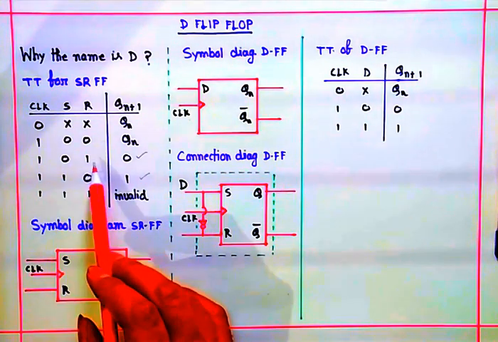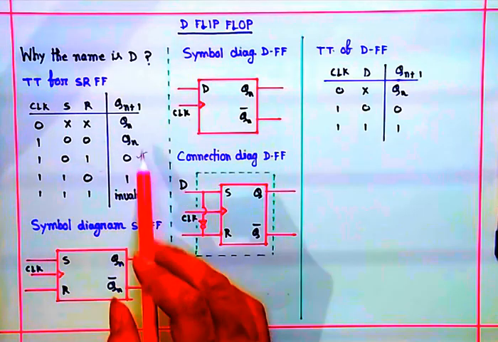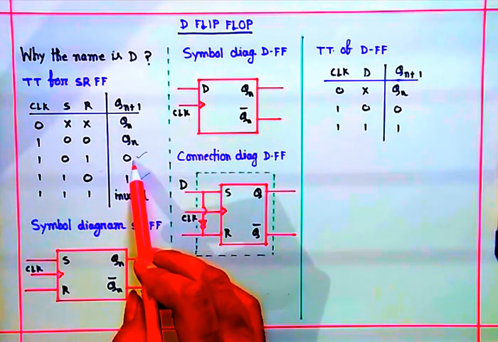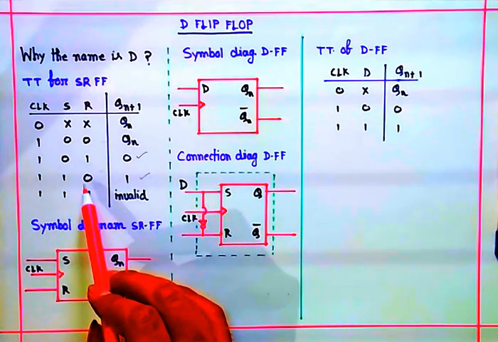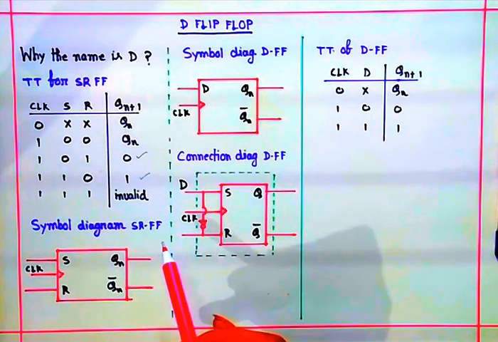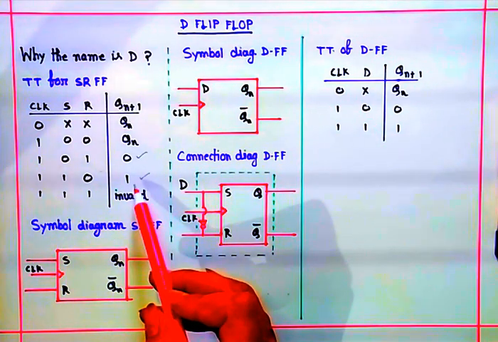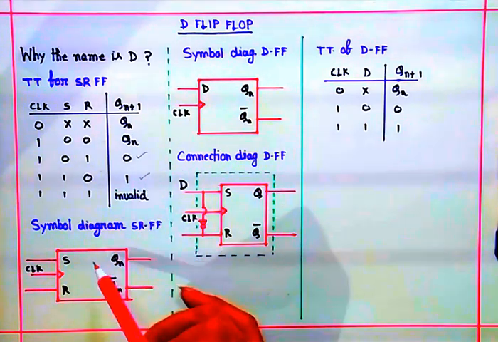When S and R is 0 and 1, this SR flip-flop stores 0, and when S and R is 1 0, this SR flip-flop stores 1. Now to construct D flip-flop, we will use only these two lines.